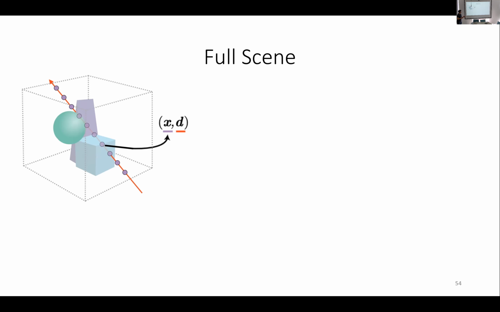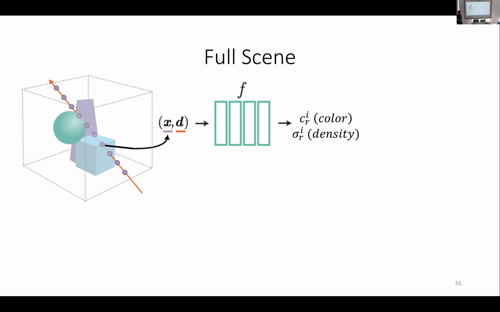Ideally, let's begin with a representation of the full scene, and we want to represent it volumetrically. So imagine that you are looking at the scene from a particular viewpoint and direction, and now you're shooting a ray through the volume from that viewpoint and direction. For each point along the ray, you sample points, and for each point you predict a color value and a density value.